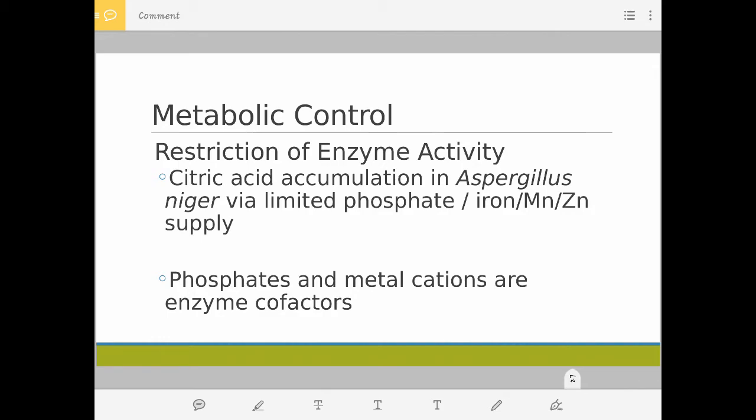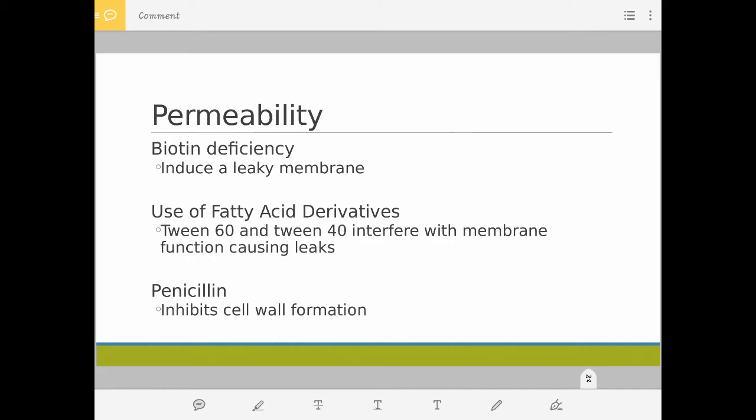So you limit phosphates, even iron, manganese or zinc ions in your culture media. Why? Because these phosphates and metal cations are the cofactors of your enzymes involved in citric acid metabolism. So instead of targeting the enzyme itself, you just target the cofactors, which is much easier. However, it requires knowledge of which cofactor should be limited. So it's not always a cure-all for everything.